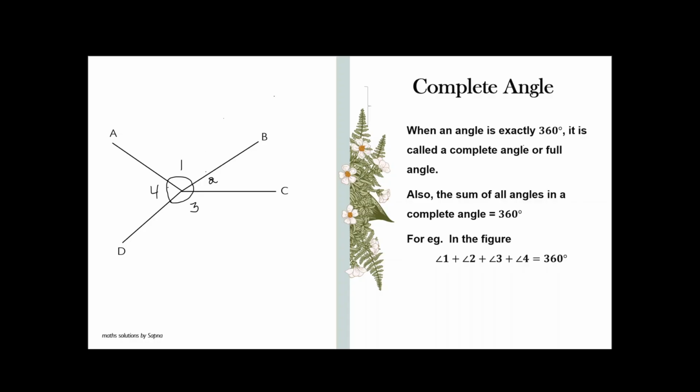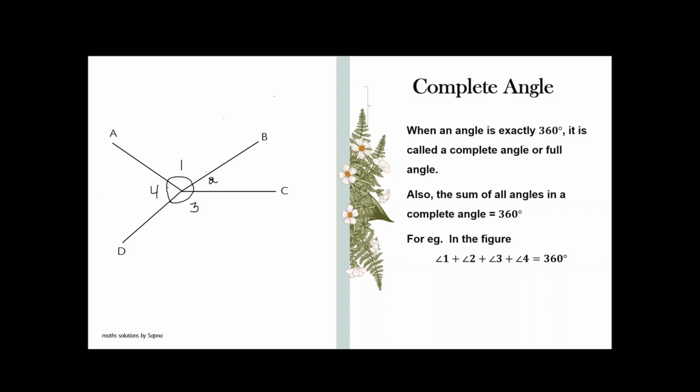If it's completing a circle, making an entire revolution around, then the sum of angles present would be 360. That is why angle 1 plus 2 plus 3 plus 4 would be equal to 360 degrees. And if any one out of the 4 is missing, you can easily figure out the missing one using this property.